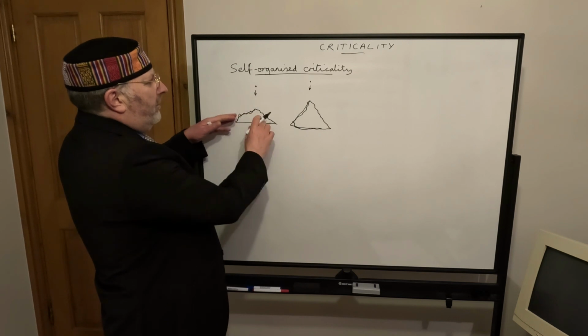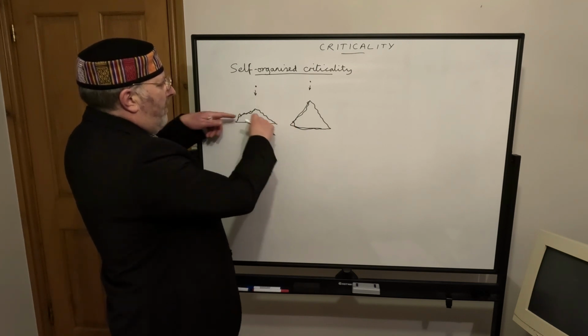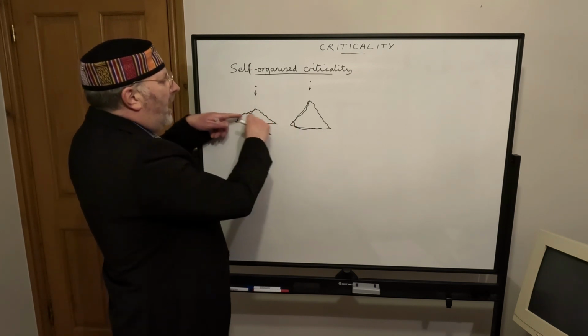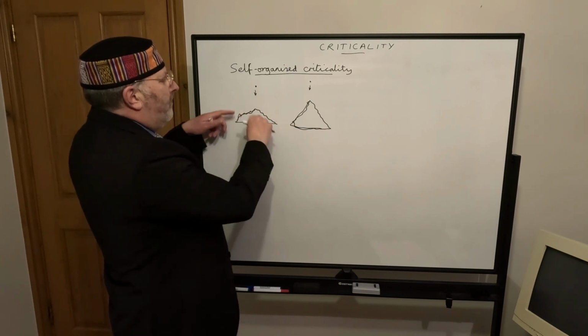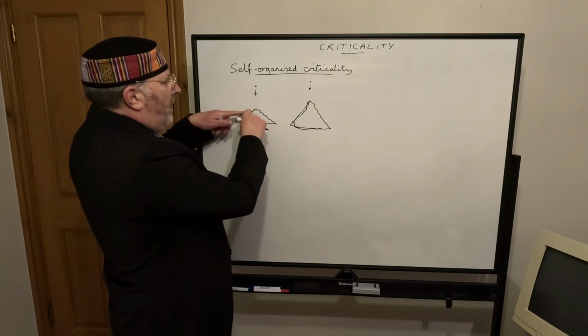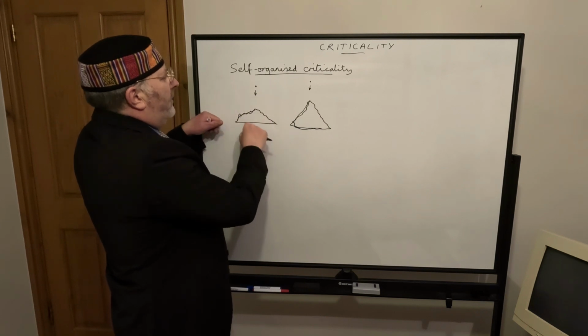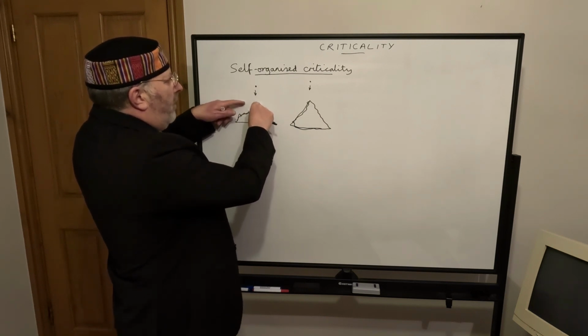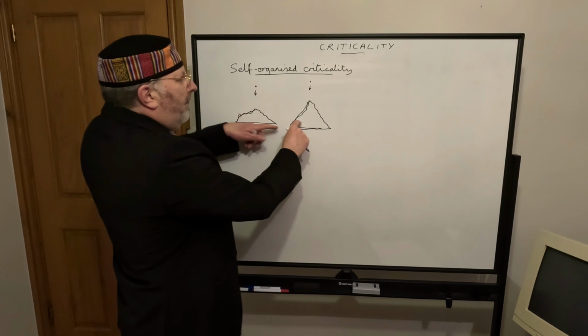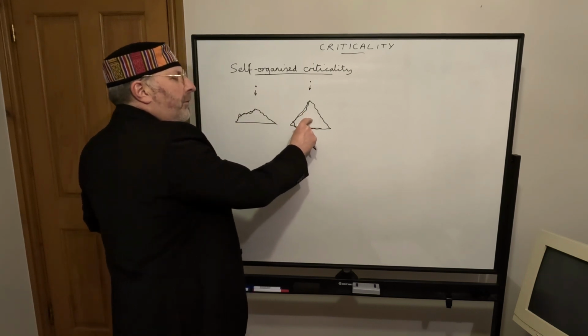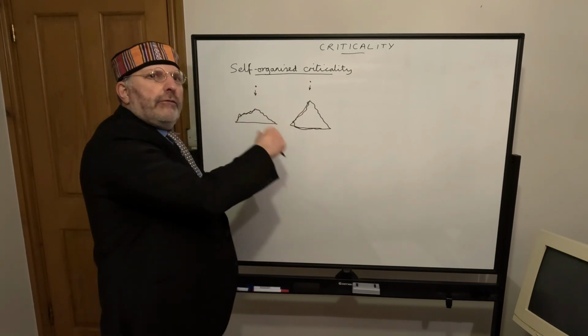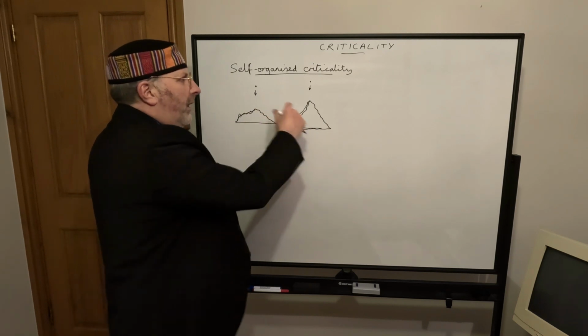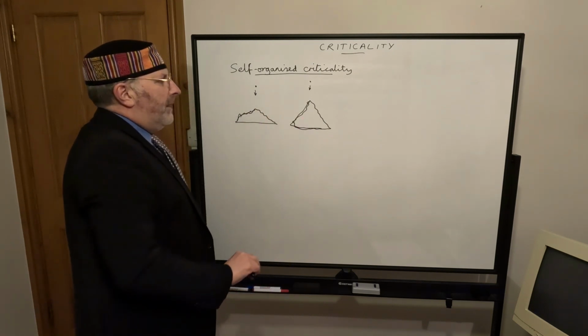Most avalanches would be quite small because the slopes of the pile are relatively shallow, so there's not much scope for big avalanches. But as you keep dropping sand, it will build up and build up until you get back to this point where you can have avalanches of all different sizes, and there's a power law to them.